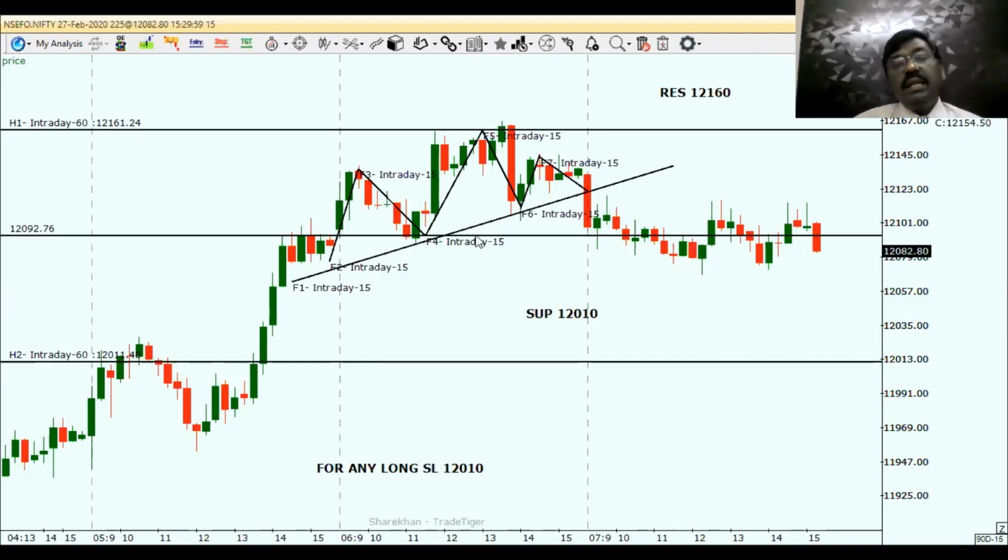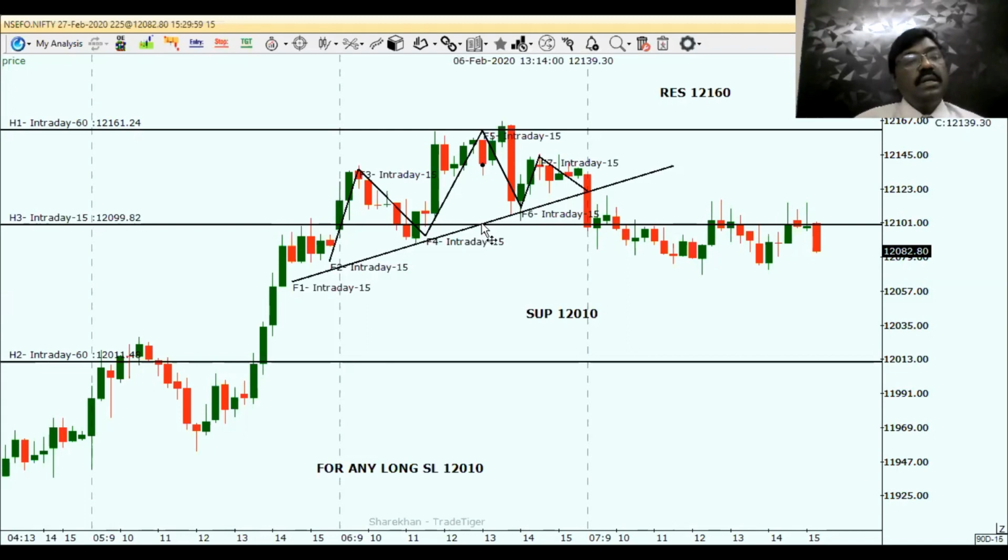This neckline point is 12,100. The high is at 12,161. This is a 60 points high. So when it breaks this 12,100, there is a possibility it could lead to a fall of 60 points approximately.